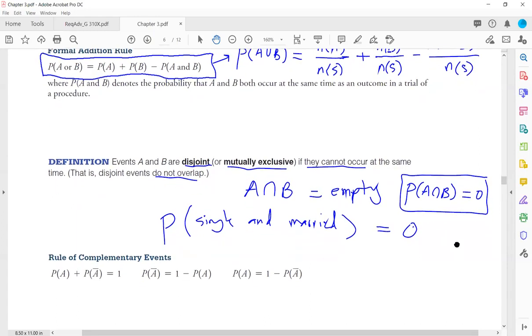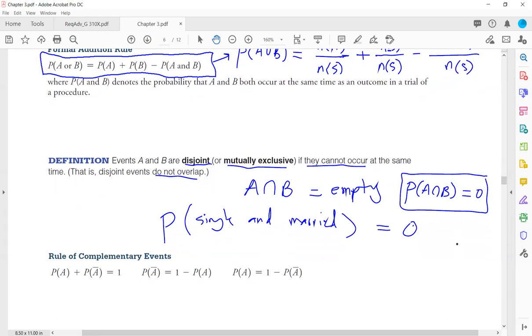Very well. If you add the probability of an event and its complement, the outcome is always equal to 1. The probability of event A plus the probability of the complement of event A is always 1. So we can use this formula to derive two other formulas.